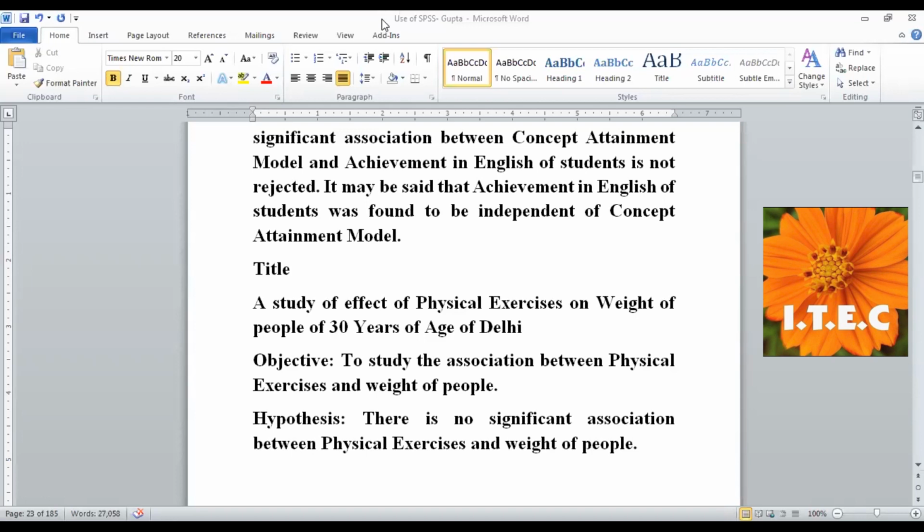Because in your research your null hypothesis is not rejected, and in somebody else's research, if they conduct the same type of research, the null hypothesis may be rejected. All books write accepted, but accepted is a very strong word.